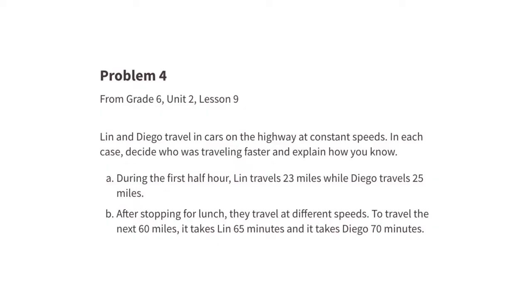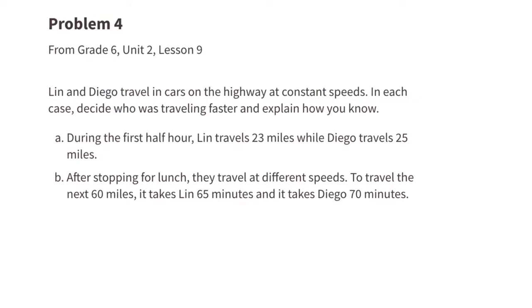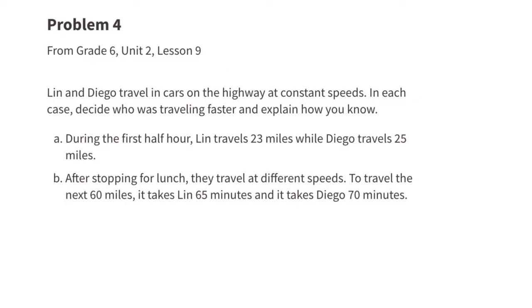So we're going to go to a little bit of review here. It says Lynn and Diego travel in cars on a highway at constant speeds. In each case, decide who was traveling faster. During the first half hour, Lynn travels 23 miles while Diego travels 25 miles. So who is traveling faster?